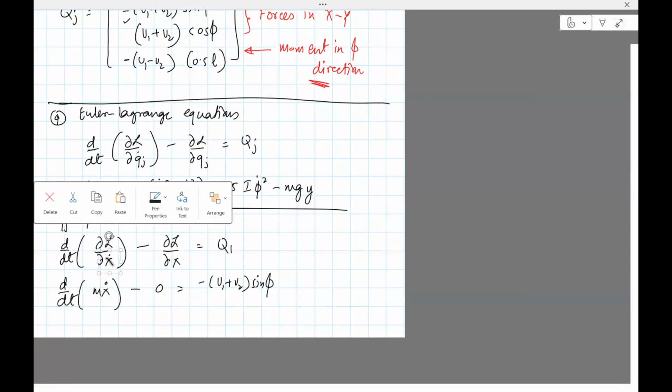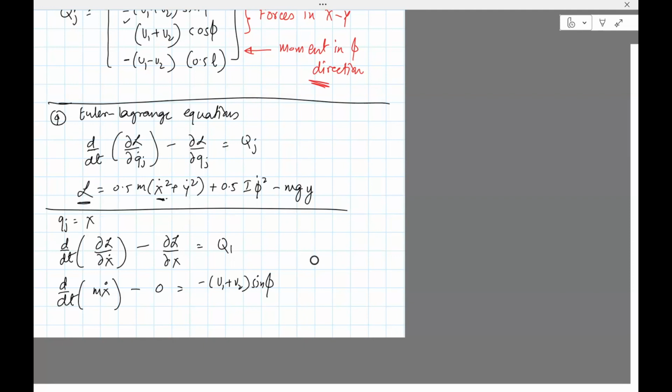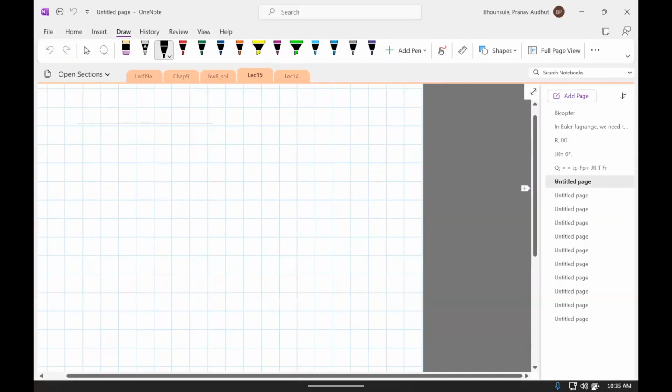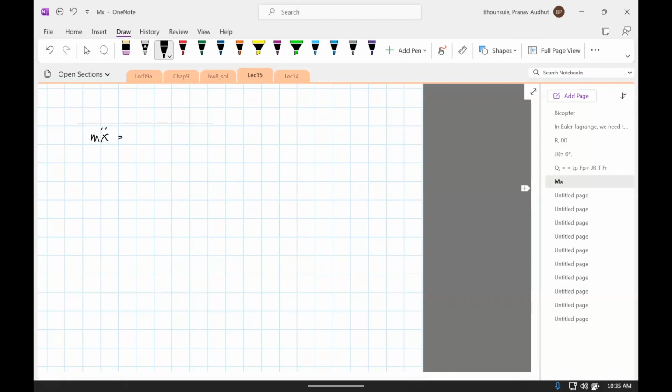Let's take the derivative of this. m x double dot equals minus (u1 plus u2) sine phi, or x double dot equals minus (u1 plus u2) sine phi divided by m. That's equation 1.